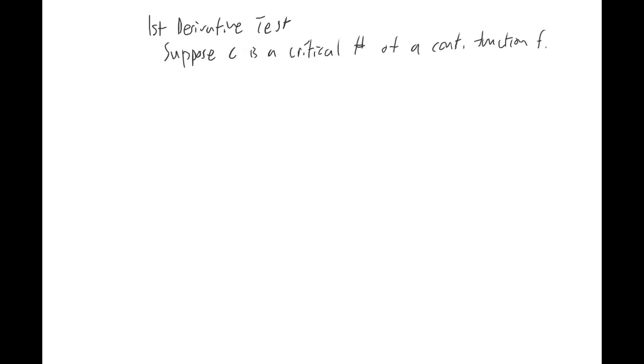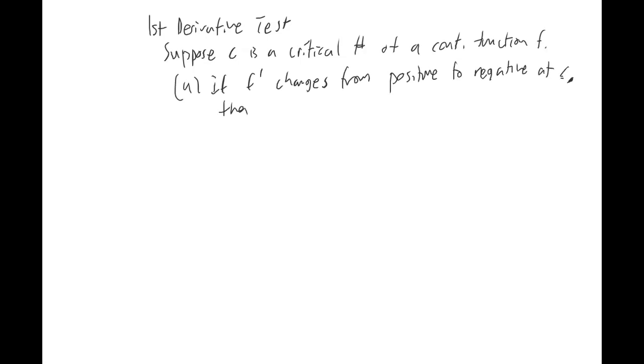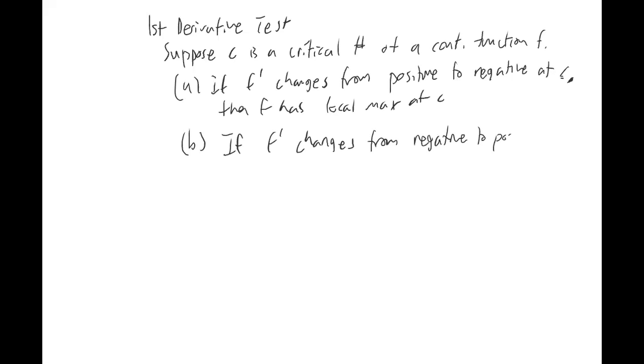A, if f prime changes from positive to negative at C, then f has a local max at C. B, if f prime changes from negative to positive at C, then f has a local min at C.